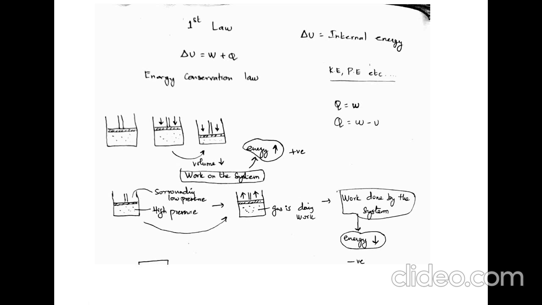Here we take heat because we deal with heat. Thermodynamics deals with temperature and heat. The change in internal energy will always equal the work done, small w, plus small q, the heat given. This is your first law of thermodynamics.